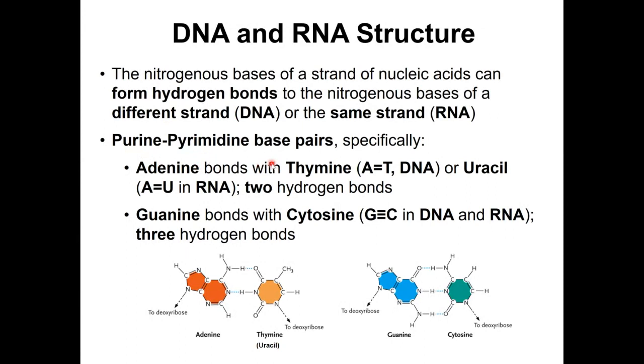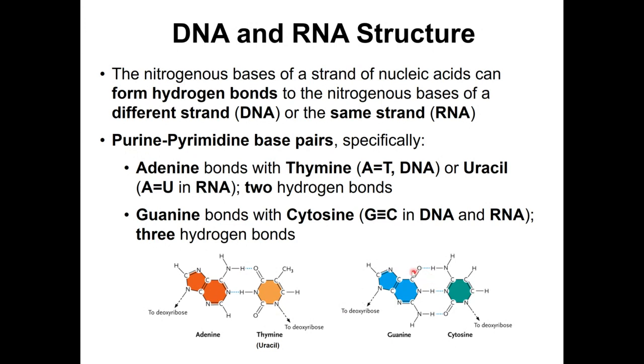So adenine, this type of nitrogenous base, can form hydrogen bonds only with thymine when it comes to DNA, or uracil when it comes to RNA. And it can form only 2 hydrogen bonds.